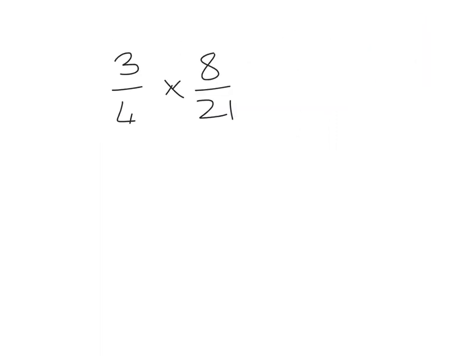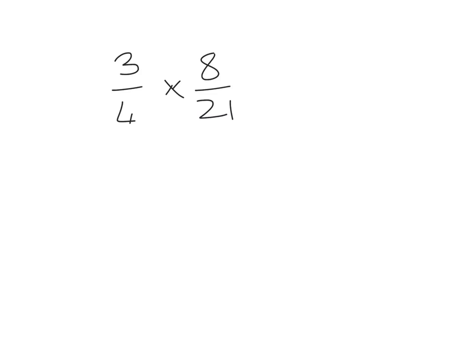For you guys here, just put your pens down for a sec. I want to show you something different. First off, this is exactly the same question, right? And in some ways, we already know what the answer is going to be. So there's no surprises here. But I just wanted to say that after we multiply the 3 and the 8, we're going to have a 24 over 84.